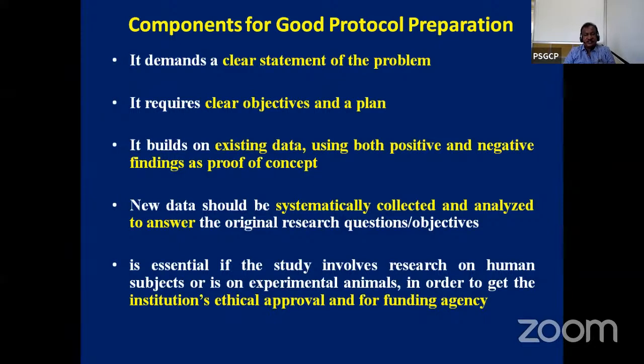It requires clear objectives and a plan. Then the existing data, like primary data, or our own data such as proof of concept, patents, or publications, is very important as preliminary data. Using both positive and negative findings as proof of concept, you can take it forward.